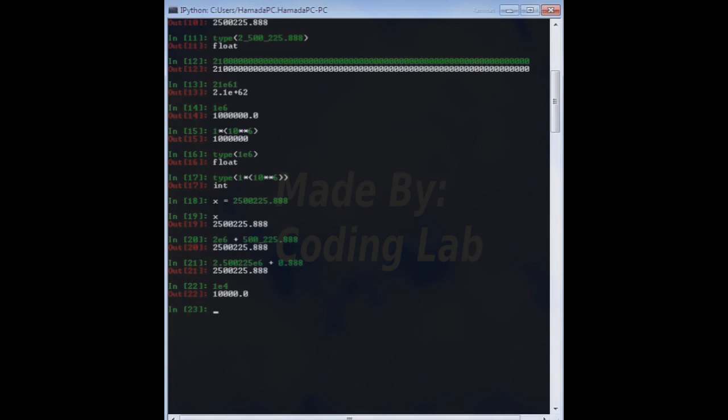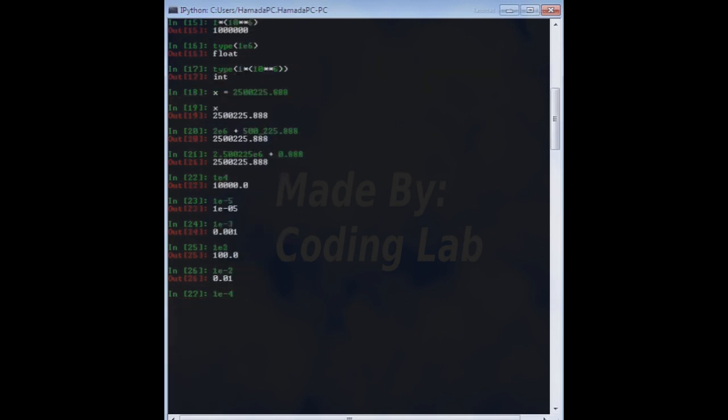Another example, 1e4 means 10,000. 1e-5 means 1 multiplied by 10 to the power minus 5. 1e-3, also another example. 1e2 means 100. 1e-2 is also 1 multiplied by 10 to the power minus 2. 1e-4 is the same, 1 multiplied by 10 to the power minus 4. 1e-5 again is the same as 0.00001.